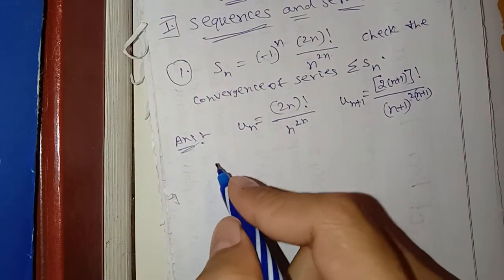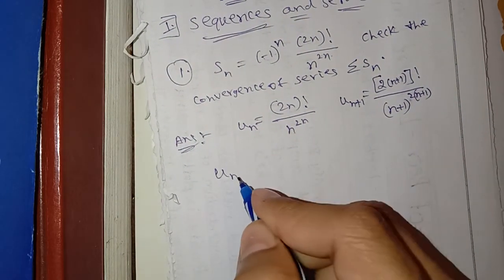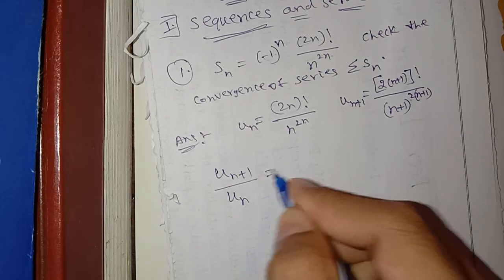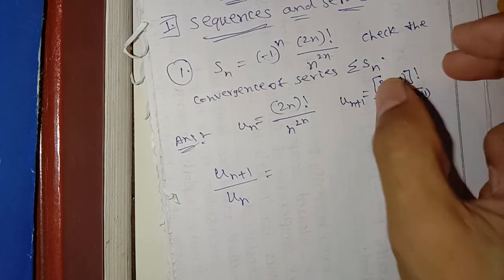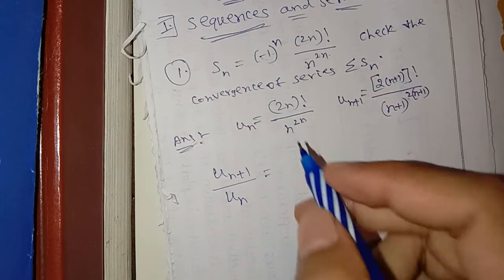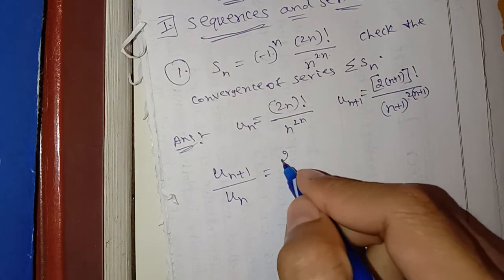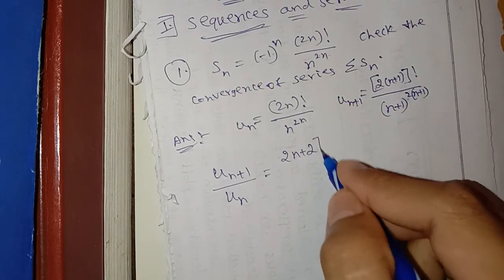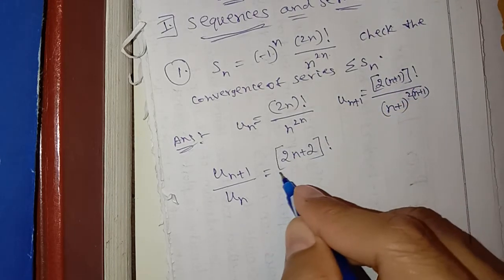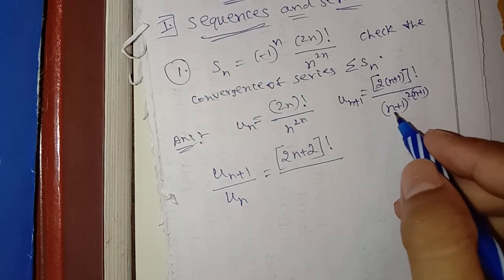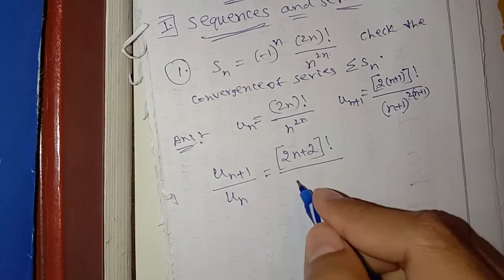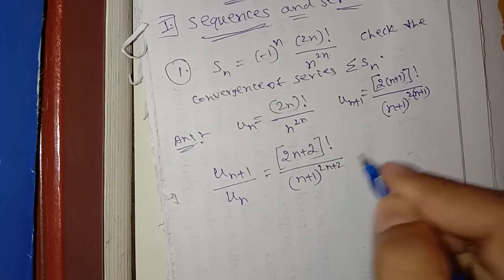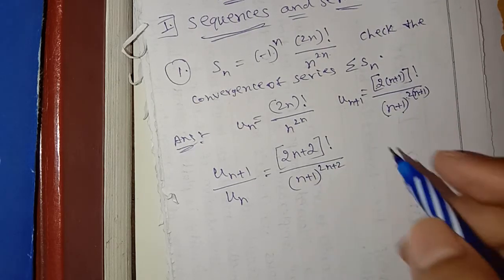What is un+1? It is (2n+2)! divided by (n+1)^(2n+2).